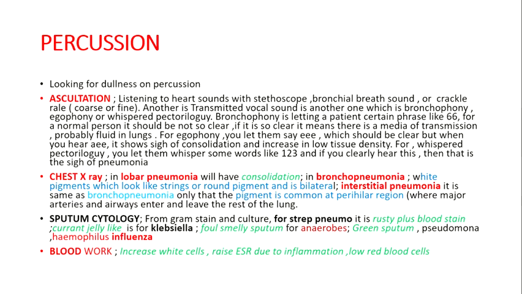So what you will be looking for is bronchial breath sound, or crackles, or what we call rales. These are coarse or fine sounds. Coarse sounds are longer, taking a longer time, while fine sounds take a shorter time. So those are the things you will be looking for.